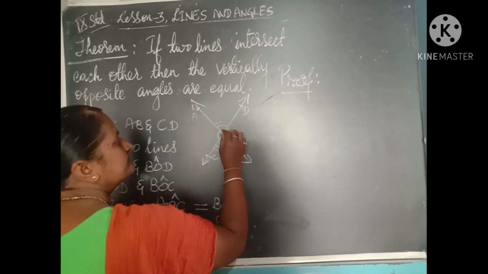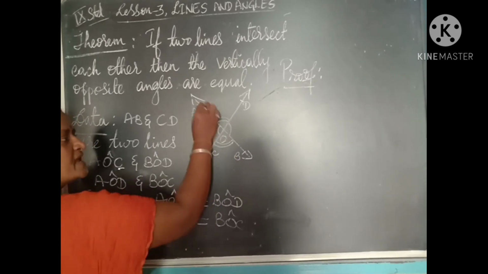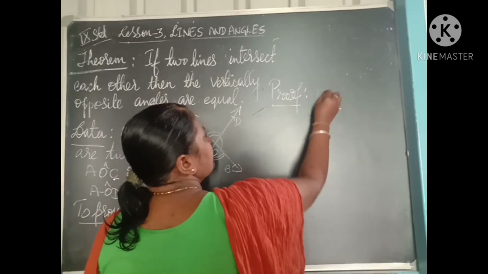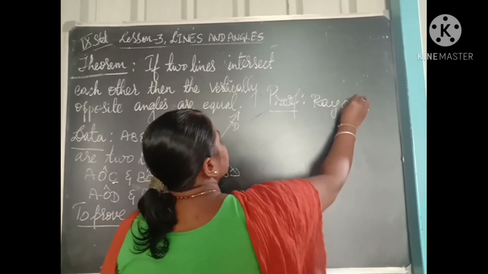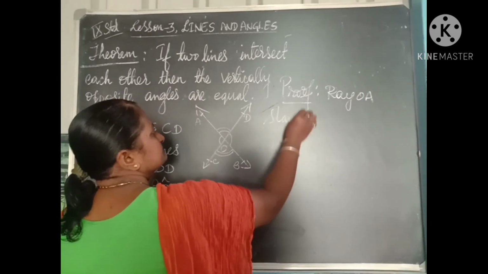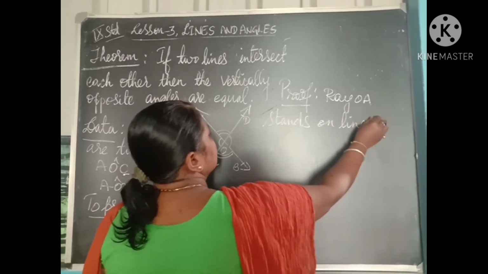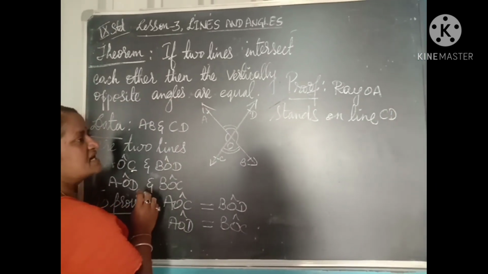On this line, OA is a ray. Okay, we can write: ray OA stands on line CD.